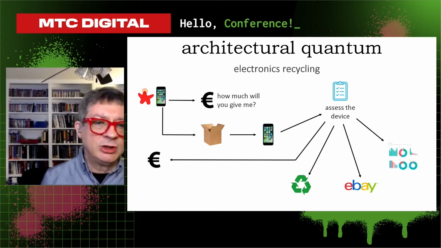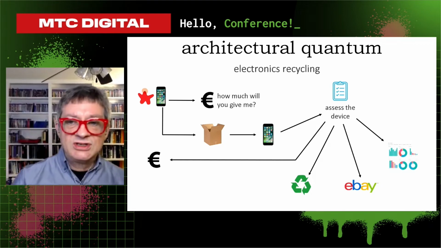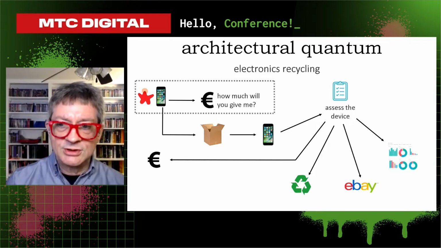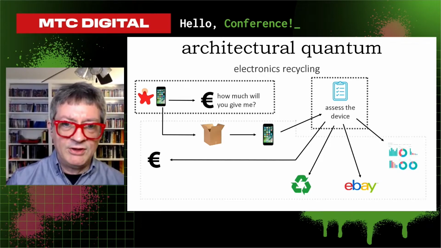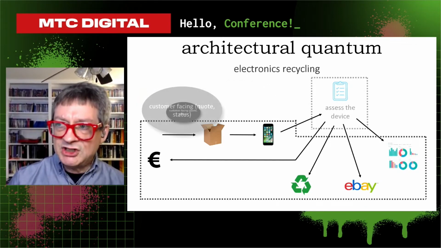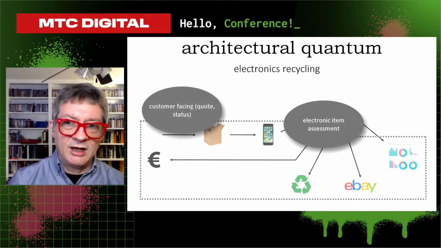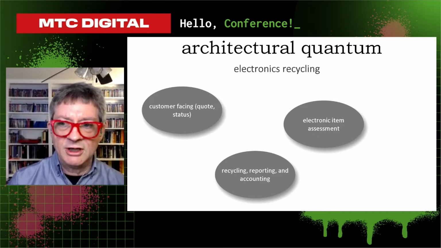So if you wanted to look at this from an architectural standpoint, you can see three different clusters of capabilities here. The public-facing part, customer-facing, the assessment part, and of course, the recycling, reporting, and accounting. The customer-facing has one set of architecture characteristics: scalability, availability, agility, et cetera.